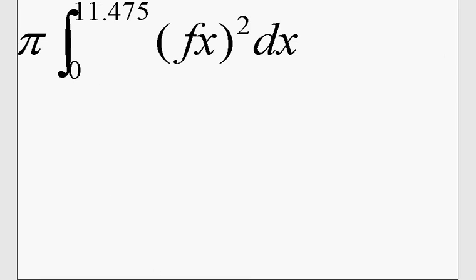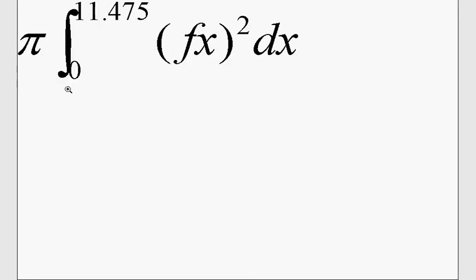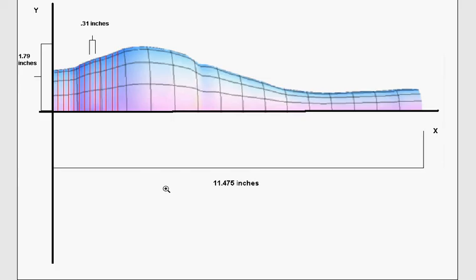Now all I've done is take the values from a to b and list them in the same formula we looked at a moment ago. I have my pi integrated from 0 to 11.475 of f of x squared, which is the function squared. In this situation, I'm not given a function.